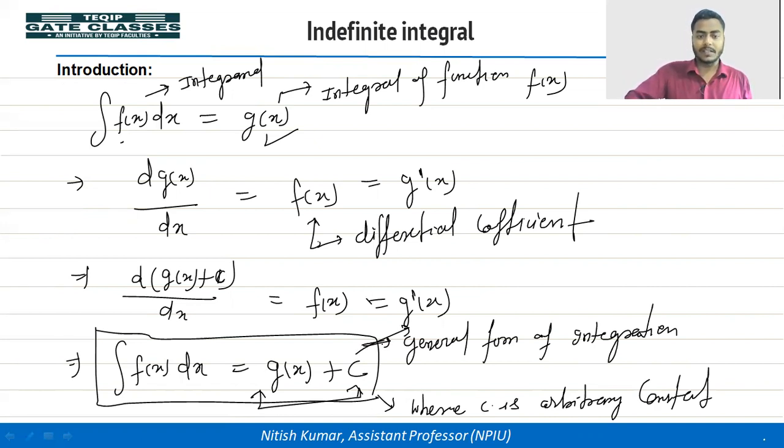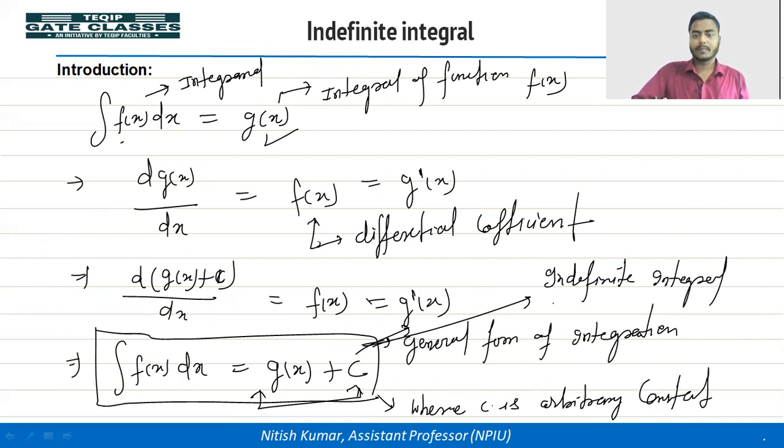That is why it is called an indefinite integral. I hope you get my point. For the same function, if you do the integration, you will get an infinite number of integral functions. So that's why it is called an indefinite integral.